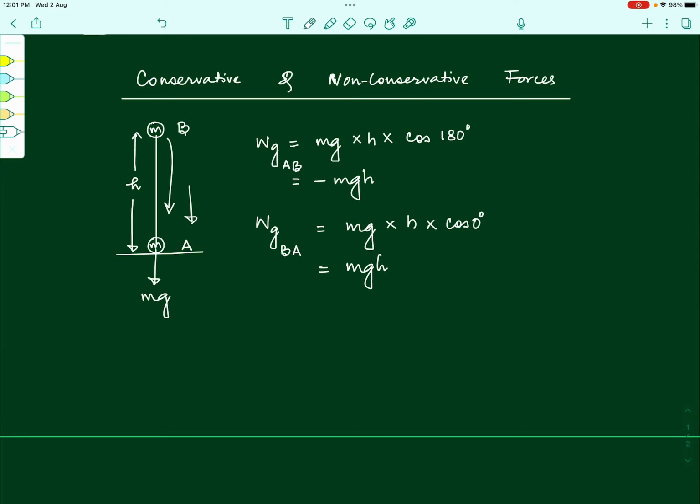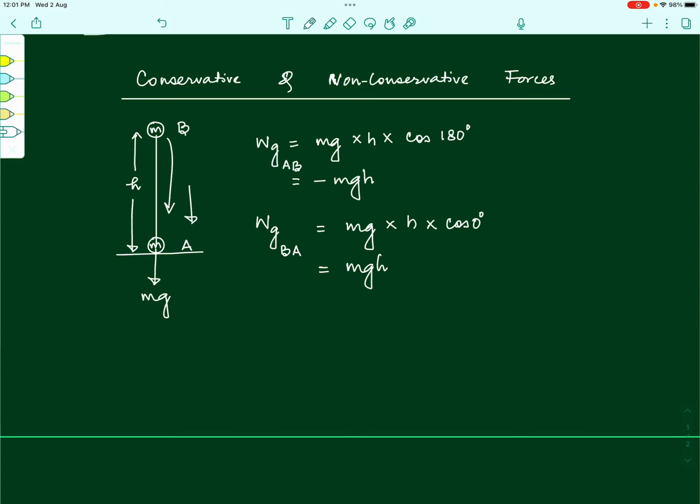Now, there is something that we define as the work done in a closed path or for a round trip. Work done for a round trip means work done by a force when a body starts from one position and, after undergoing a certain displacement, comes back to the same position, so that its net displacement is 0.